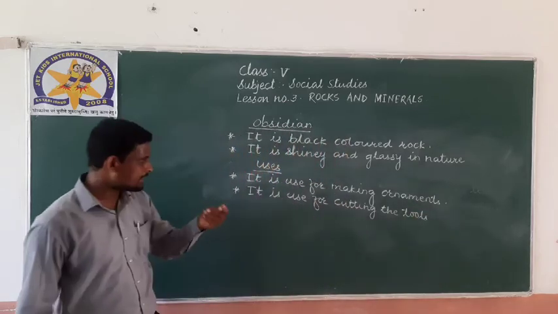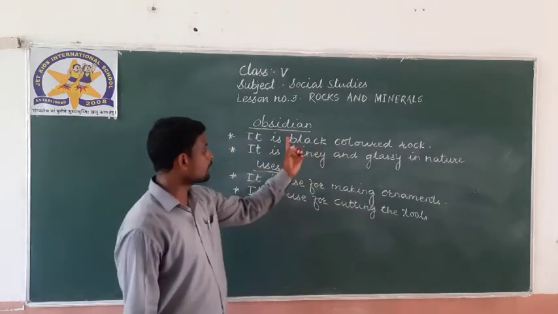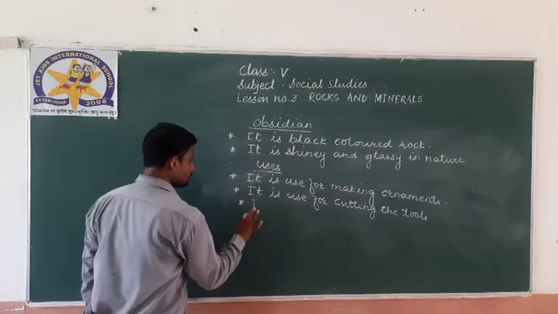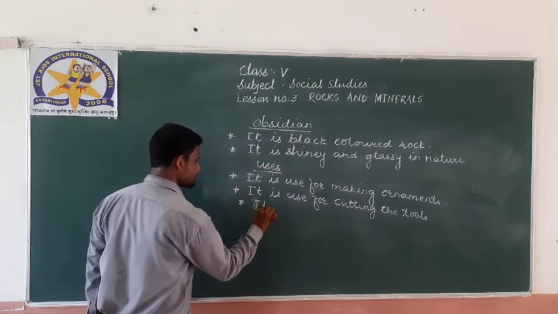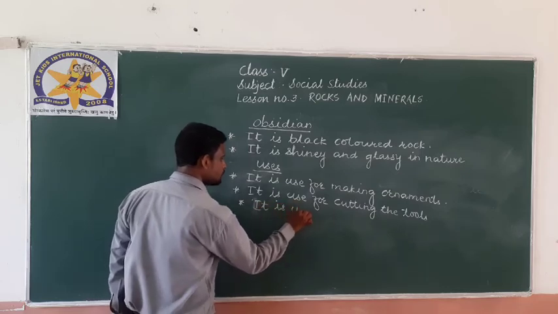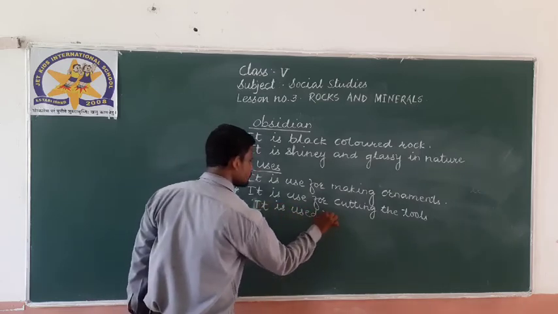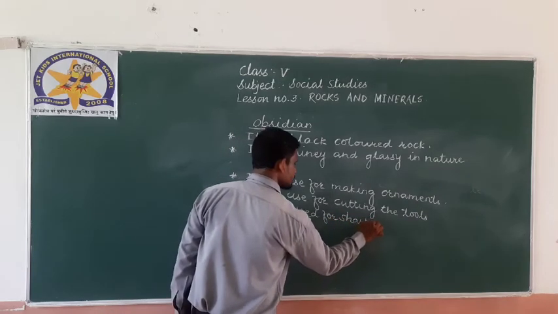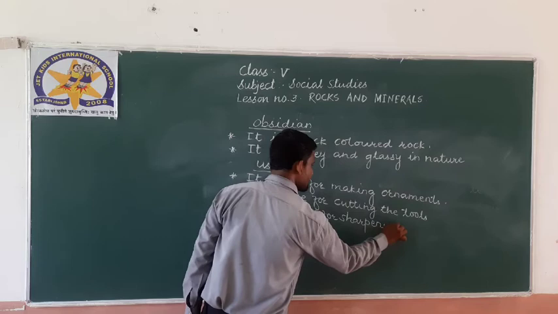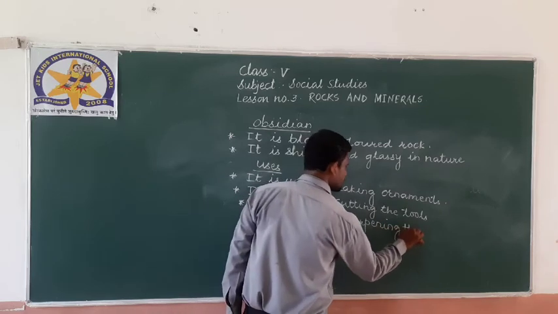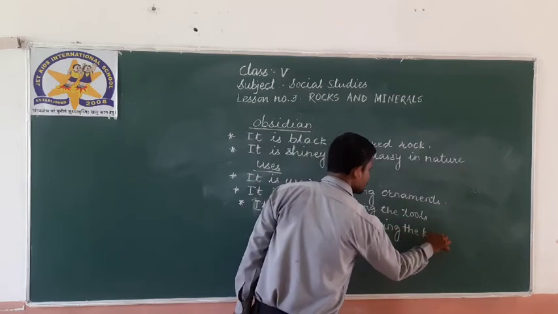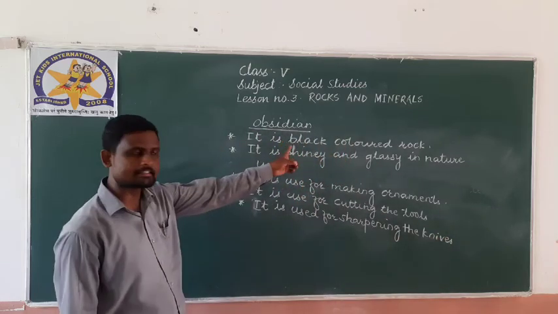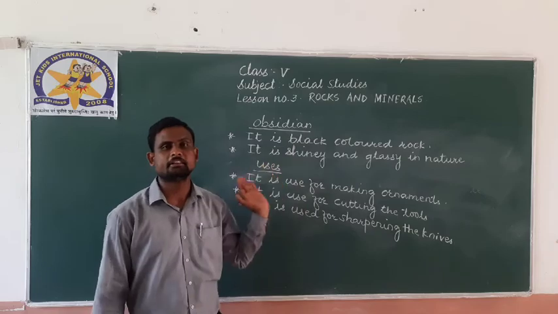For cutting different types of tools, these obsidian rocks are used. After that, it is used for sharpening the knives. Okay. So here we have learned the properties and uses of obsidian rock.